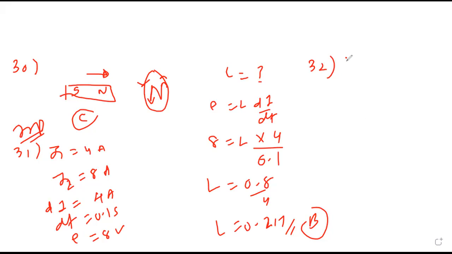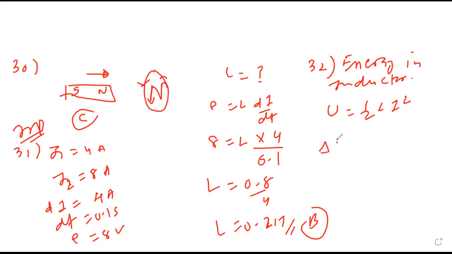32. What is the formula for energy in an inductor? Energy stored in the magnetic field in an inductor is half L I square. We are interested in the change in energy. So change in energy will be half L into I2 square minus I1 square.